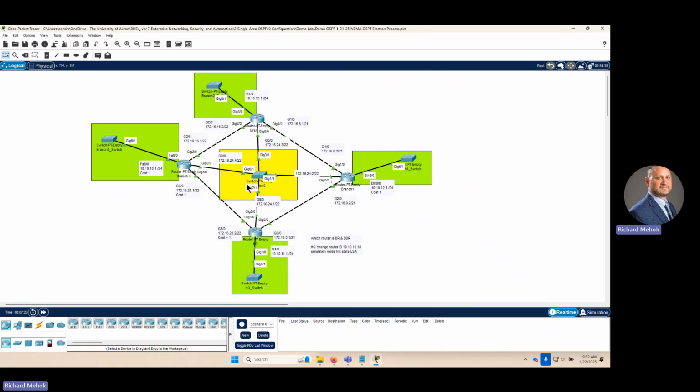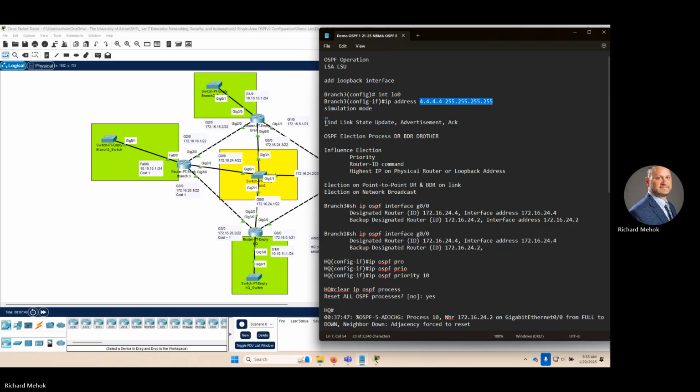So OSPF, remember, it creates 3 tables: the routing table, the neighbor table, and then also a topology table. So each router has a complete picture of all the networks. So here's your LSAs. We just saw that. We're going to influence the election process either by setting priority, the router ID command, or if you don't change anything and they're all equal, it'll go to the highest IP on the physical interface or the highest IP on the loopback.